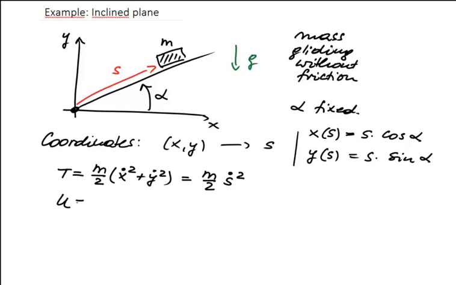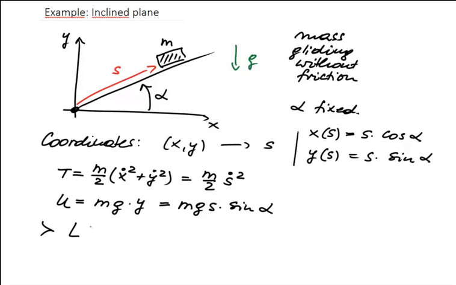The potential energy U, expressed in Cartesian coordinates, is mass times gravitational acceleration times coordinate y, the vertical coordinate. Again, we can express that in terms of s using the transformation rule. That's m g s times the sine of the inclination angle.